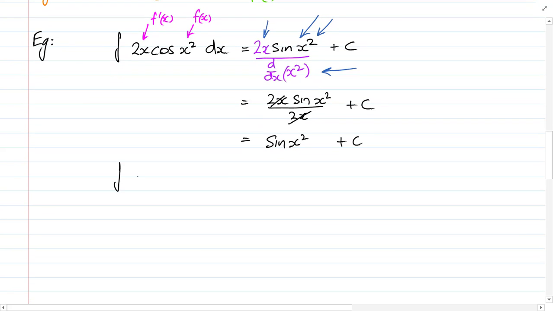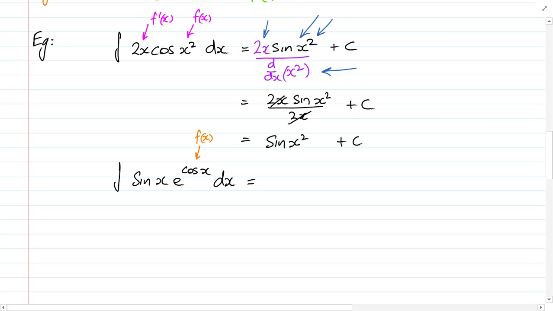The integral of sine x e to the cos x dx. So this is an example again where we don't have a polynomial as our f of x this time. In this case, I can see that cos x is my f of x. It's my inside function.